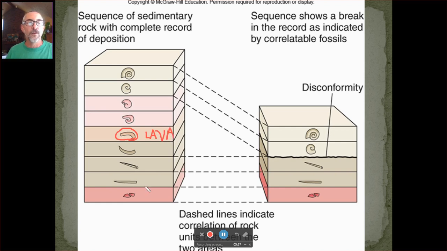So you had lava that flowed on top of this sedimentary unit, and then later on it was buried underneath the ocean and more units were deposited on top of that. If you have a lava flow, one thing you can do with igneous rocks that you cannot do with sedimentary rocks is that you can date them. Igneous rocks have radioactive isotopes in them that you can date.